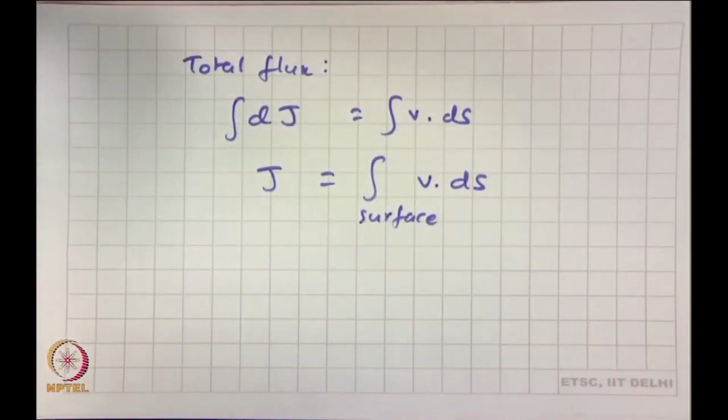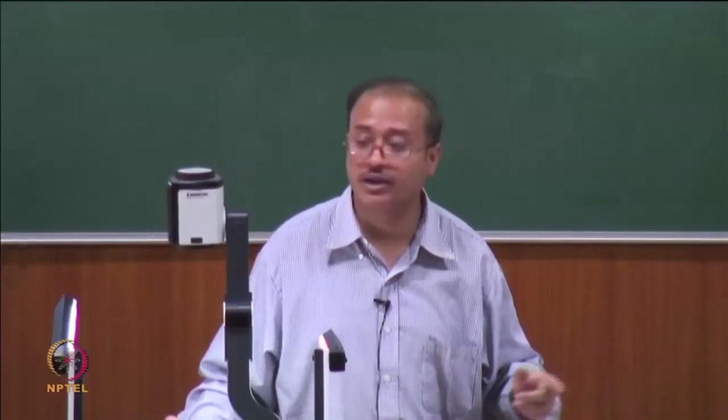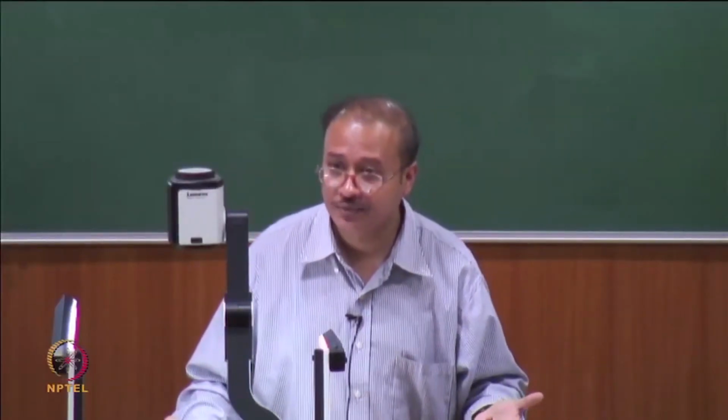So, what is the integration over? Your integration is over the whole available surface. Your surface is made up of ds, right, like ds1, ds2, ds3, ds4 and so on up to ds infinity. And then once you integrate over the total surface, what you get is the total flux, okay.